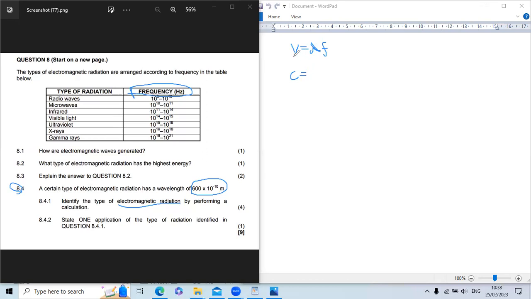So instead of writing v, we already have our speed, which is the speed of light, denoted as c. So your equation goes from the speed is equal to wavelength multiplied by the frequency to the speed of light is equal to wavelength multiplied by the frequency.